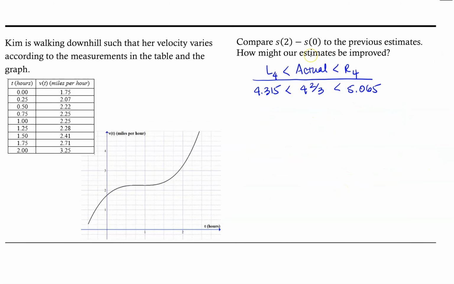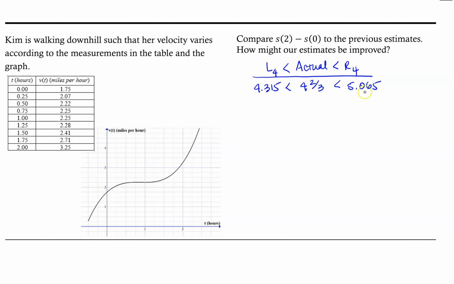So if we were to compare what we just found, that the actual distance that Kim walked is 4 2/3 miles, to our previous estimates, we saw that using the left endpoints of each interval to do an estimate, we got roughly 4 and 3/10.